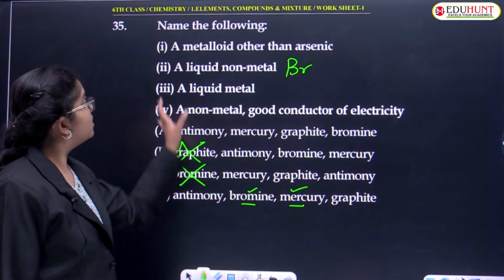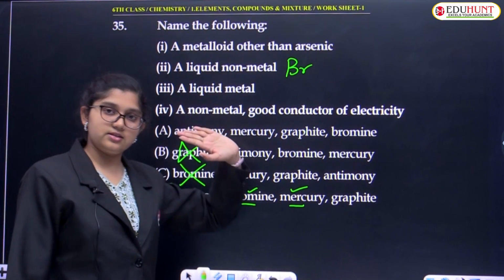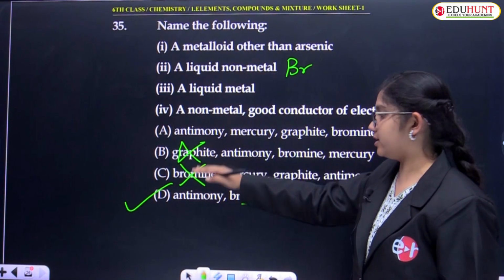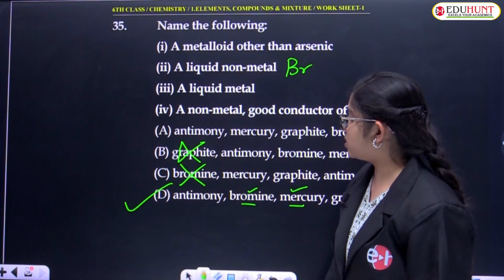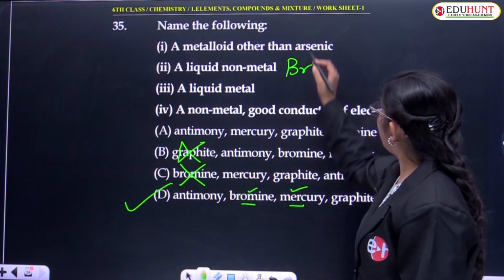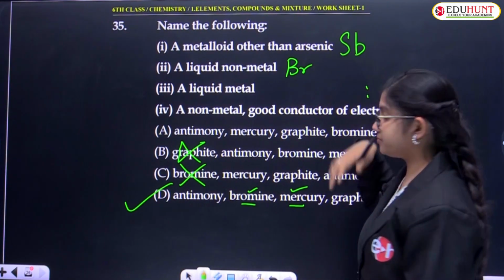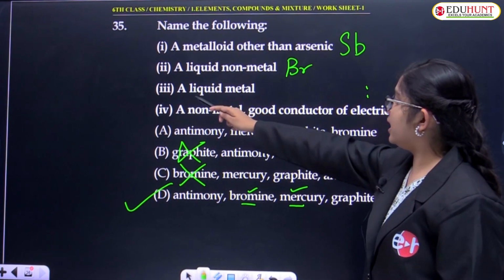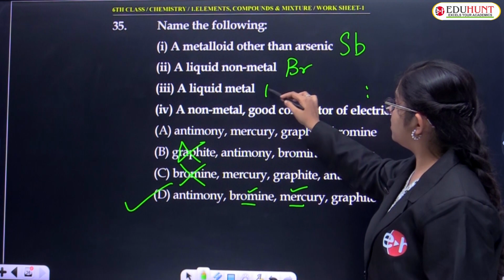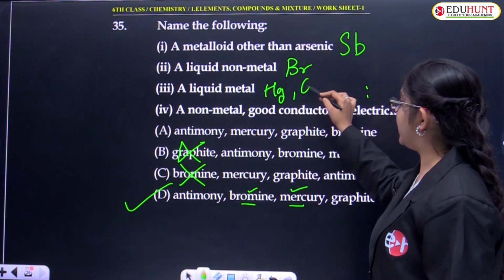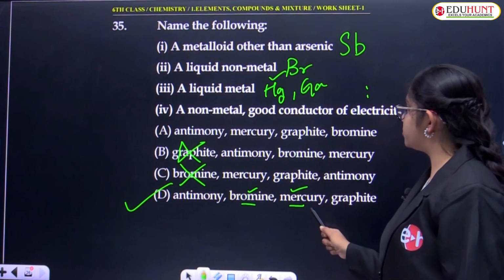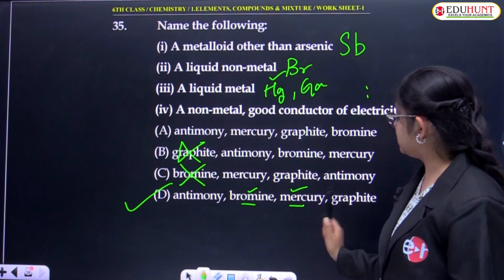Clear, children? A metalloid other than arsenic: from the given options, I chose antimony, symbol Sb, because graphite and bromine are not metalloids. A liquid non-metal is bromine, and a liquid metal is Hg, also gallium, but at room temperature mercury, and we only have mercury as an option.